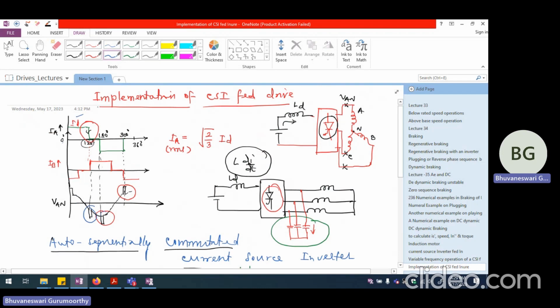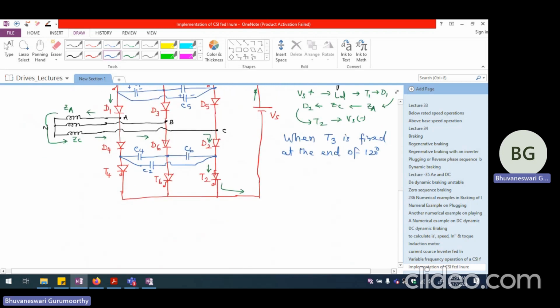So at the end of 120 degrees, A phase device goes off and B phase device is turned on. So that's what we mean by at the end of 120 degrees, we are trying to fire T3.